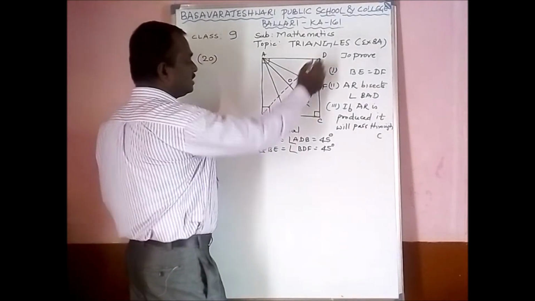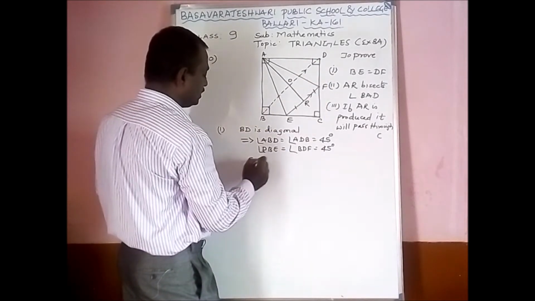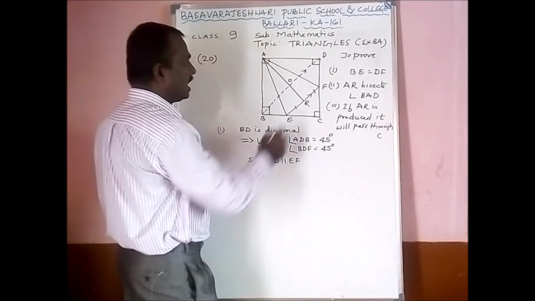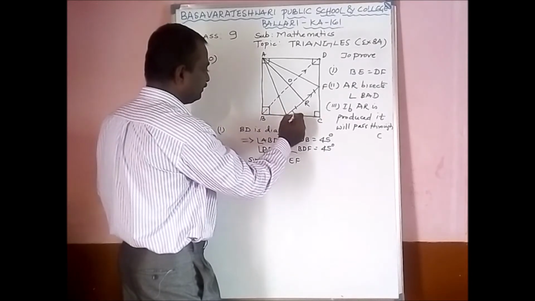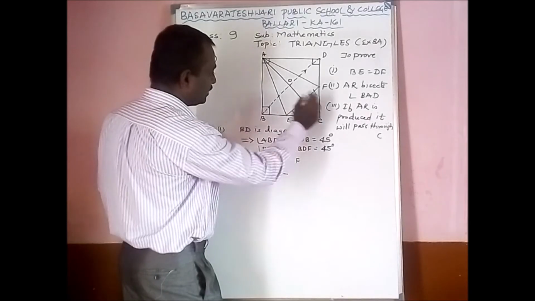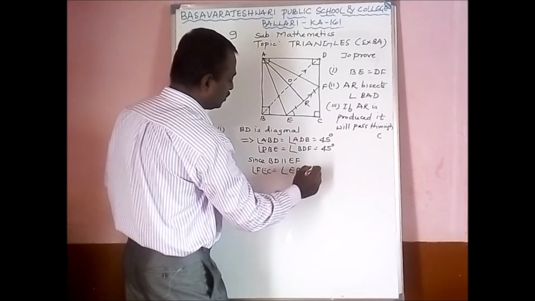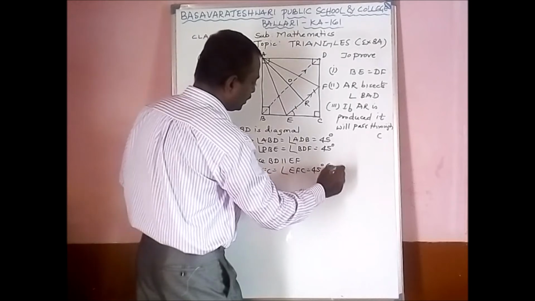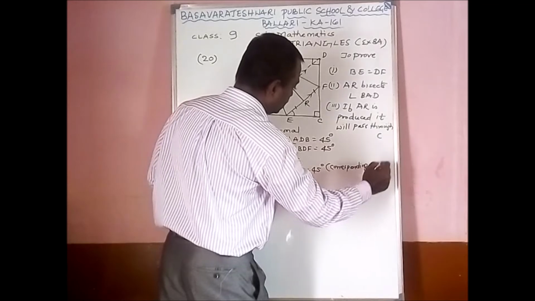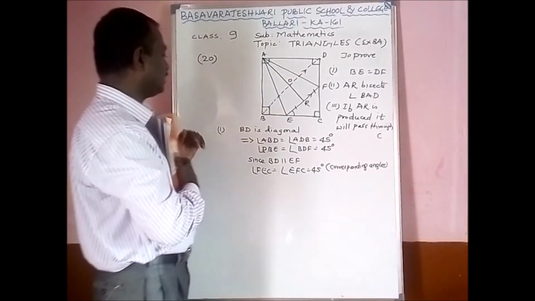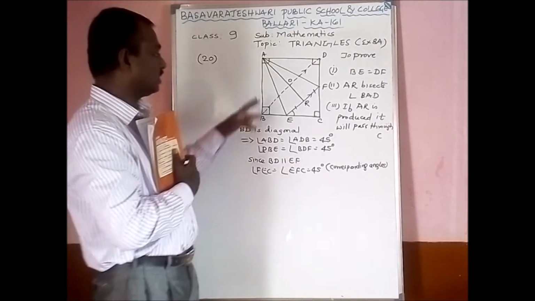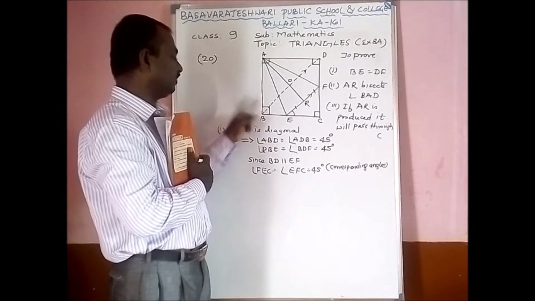Since BD is parallel to EF, we can say angle FEC is also equal to angle EFC, that is also equal to 45 degrees because of corresponding angles, isn't it? So what we did here: BD is the diagonal, therefore the diagonal divides the vertex angle into two equal halves, 45 degrees and 45 degrees.